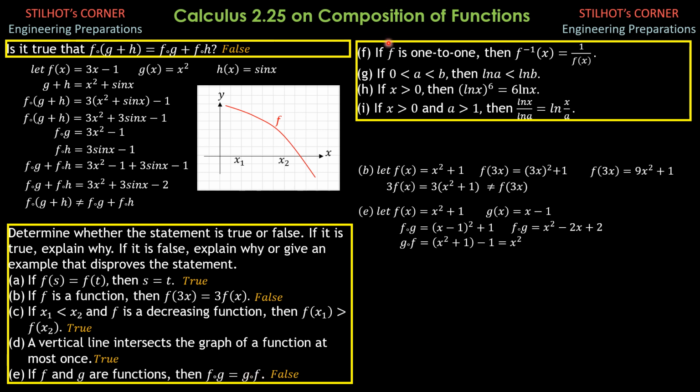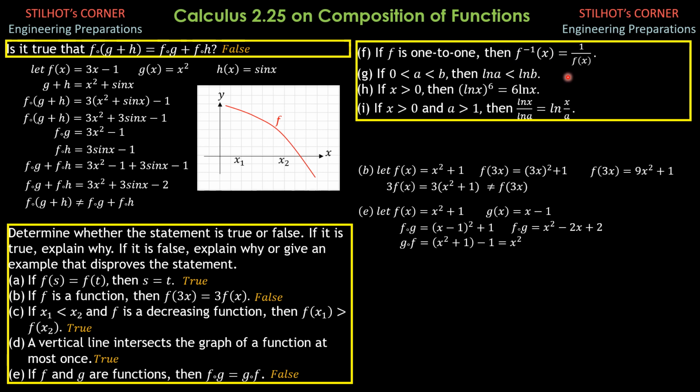F. If f is 1 to 1, for every input there's a corresponding one output, just like the graph represented there, then the inverse of f is equal to 1 over f of x.